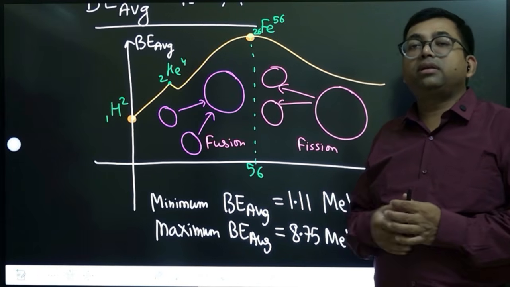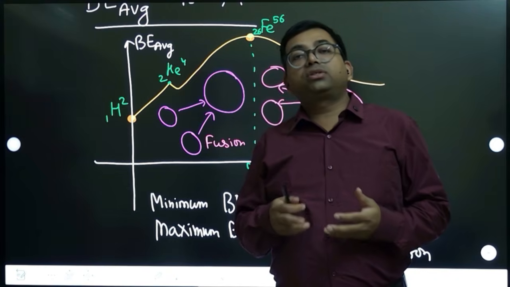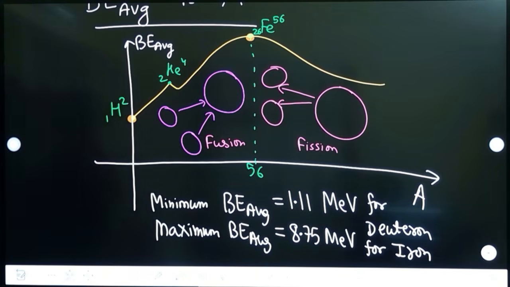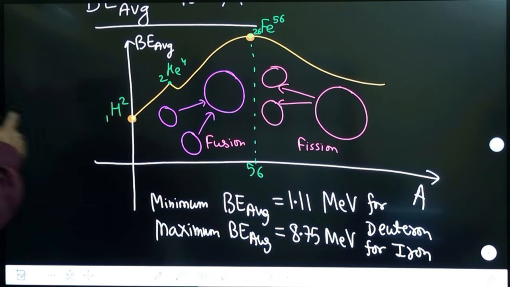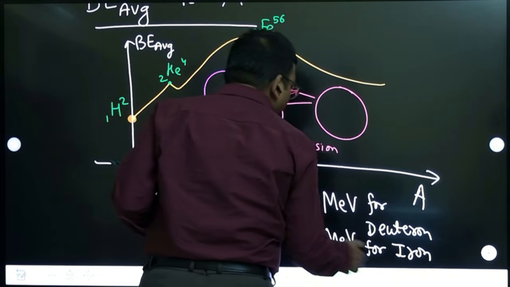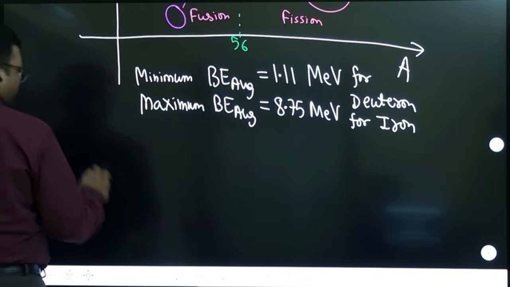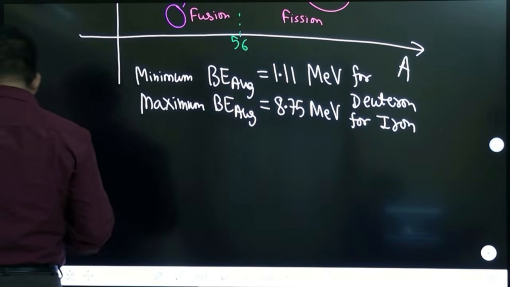That we will see later separately, like exoergic and endoergic reactions. But this is an important point. There are many important things to note in this graph, so let us make a note of the important points. We need to remember these values.